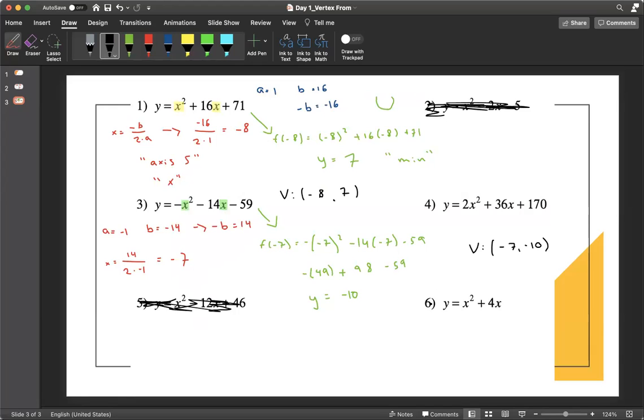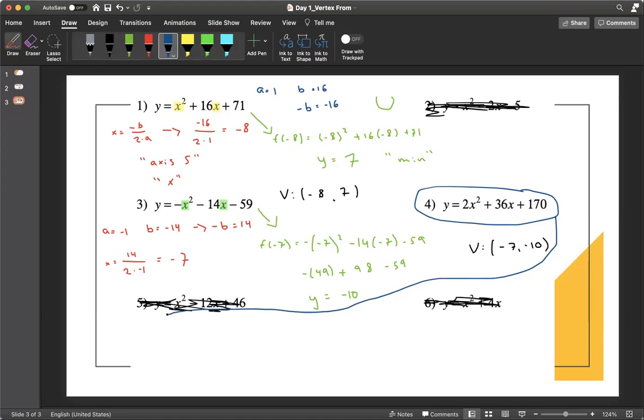And my third problem I'm going to do is number 4. So I'm going to take this 4 here, all of that, and I'm going to start writing right there. So looking at this, I have my a value is going to be a 2. My b value is a 36.